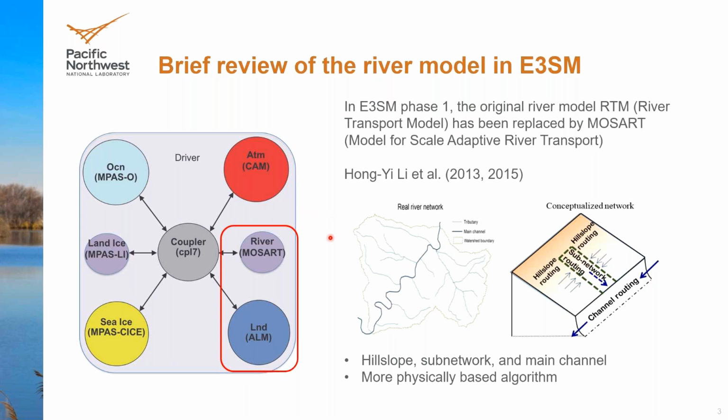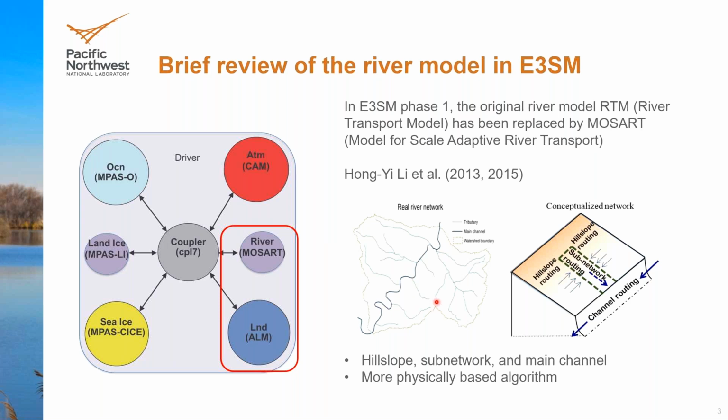When E3SM started a few years ago, the original river model was a simple linear reservoir routing model called the river transport model, RTM. Hongyi replaced this simple river routing model with a more physically based model, MOSART.